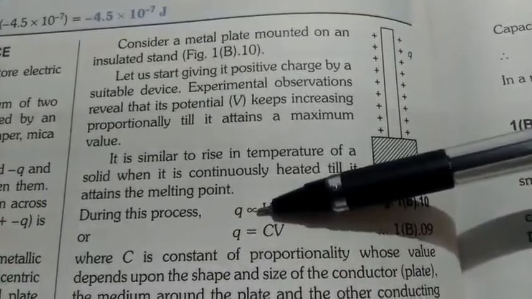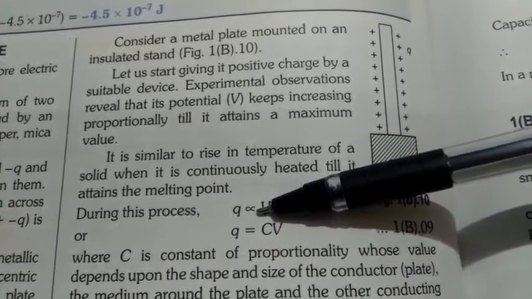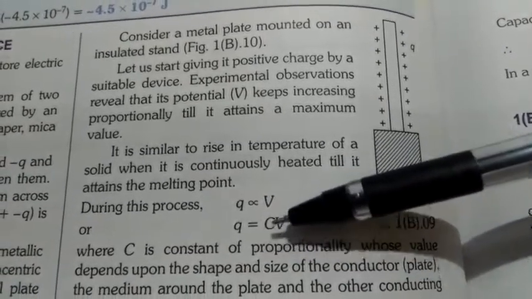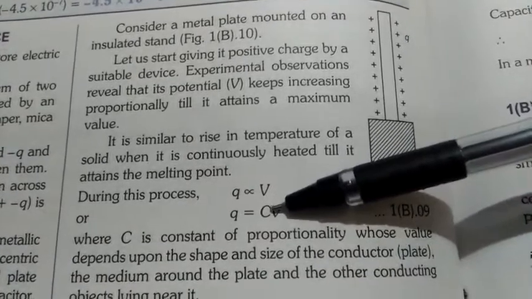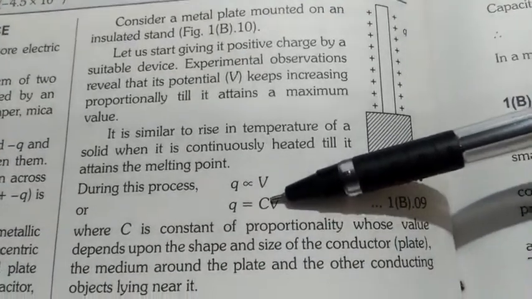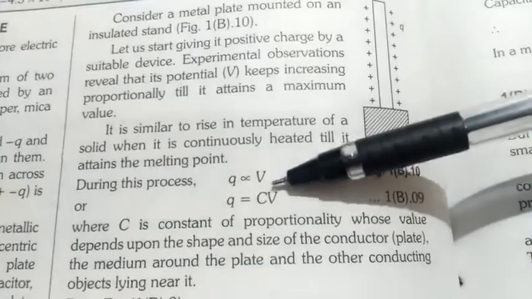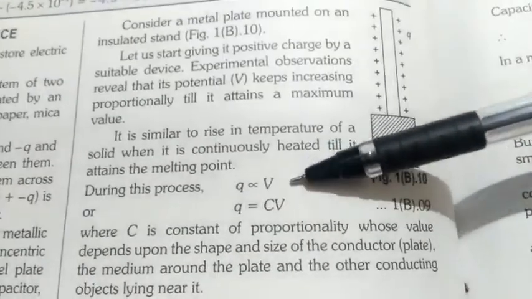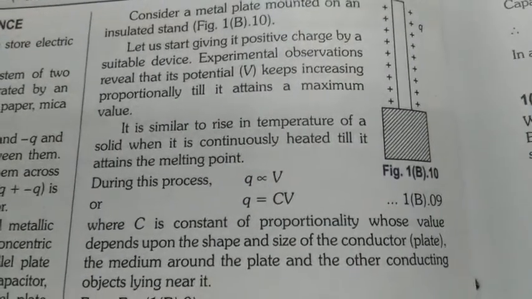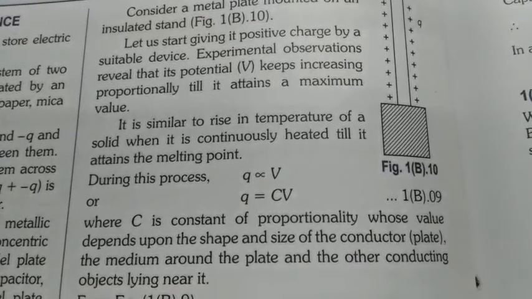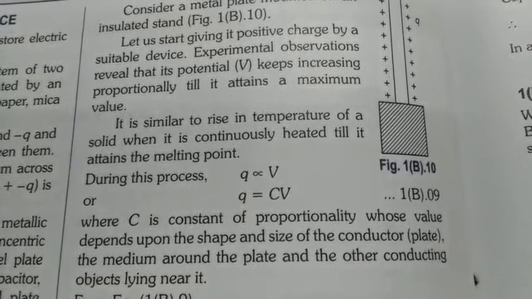If we want to remove this proportionality sign, we will introduce one constant here. This proportionality constant's value depends upon the shape and size of the conductor, and also the medium around the plate and the other conducting objects lying near it.